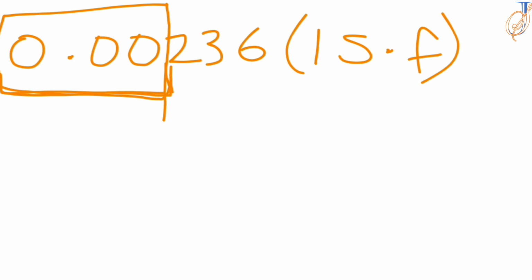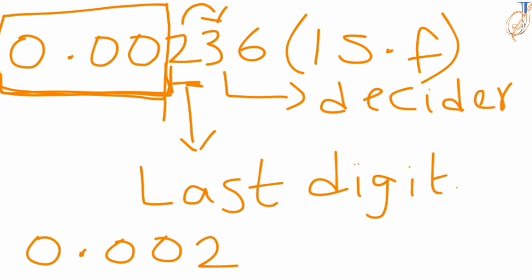You have to count from 2. That means this is your last digit. And to figure out, you have to check the next number, which is 3. So 3 is your decider and 2 is your last digit. You are keeping the last digit the same because our decider is less than 4. So this is your result.